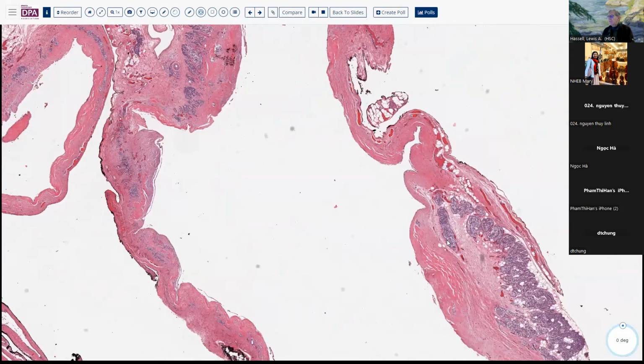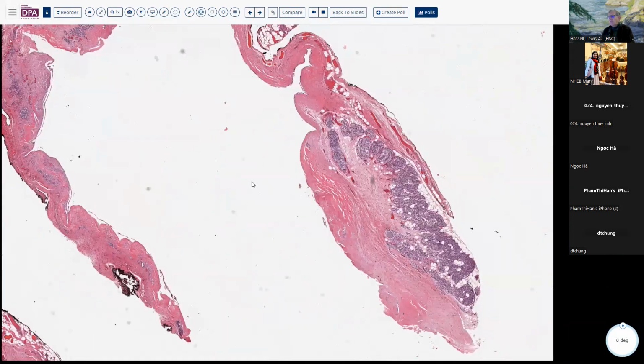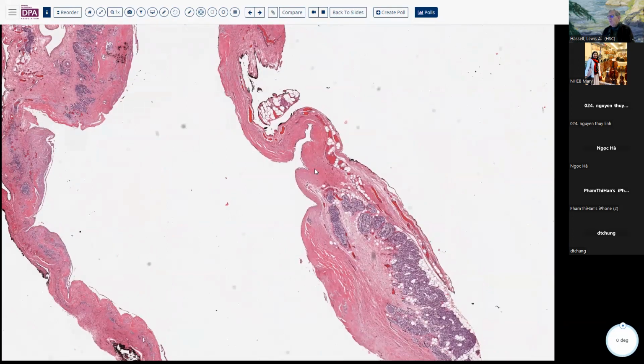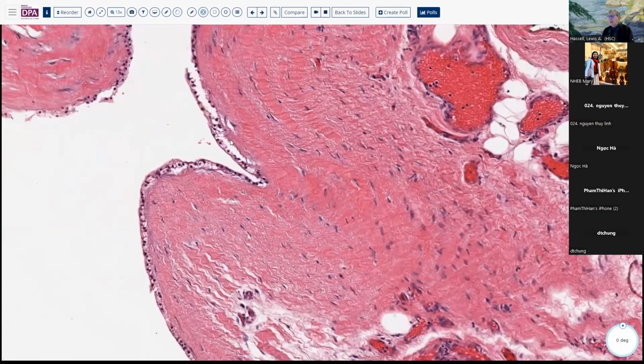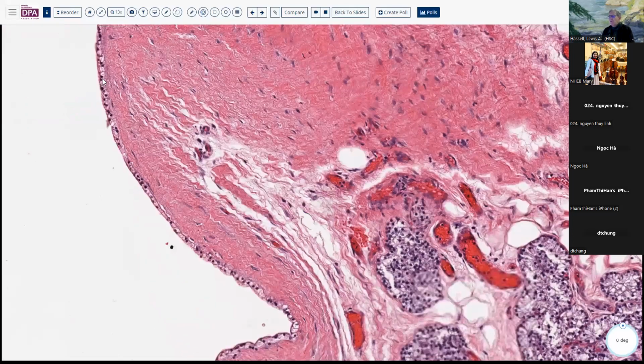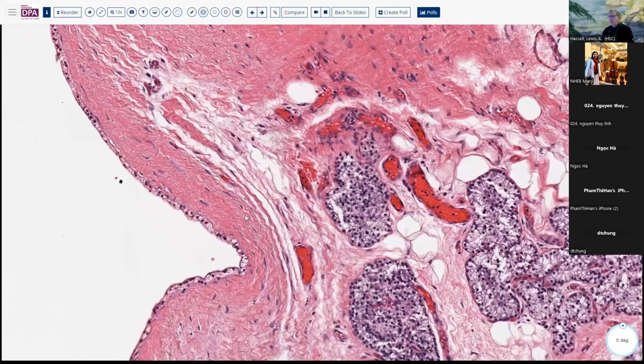Many thyroid cysts, of course, will have sort of a degenerative appearance. These usually will have very little in the way of epithelium. You can see there is a little bit of epithelial lining to this cyst. And so you might get a few of these follicular type cells.